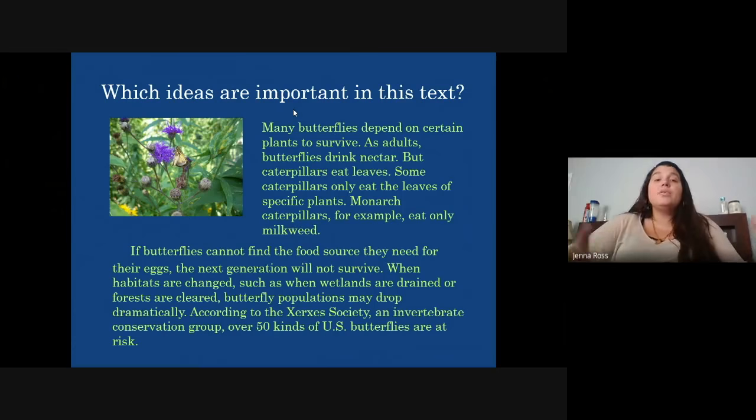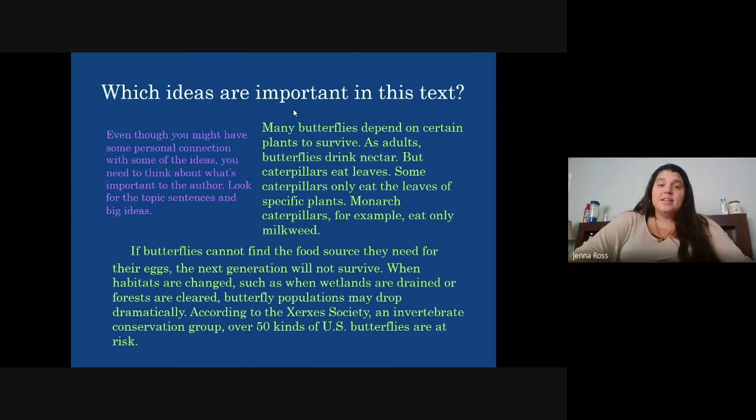Okay, so what ideas are most important in this text? Even though you might have some personal connection or something in here might grab your attention, you need to think about what's important to the writer, the person who's writing this. So look for a topic sentence or a main idea, so that will kind of help you get started. So in here, the things that we have changed to the white are the most important things.